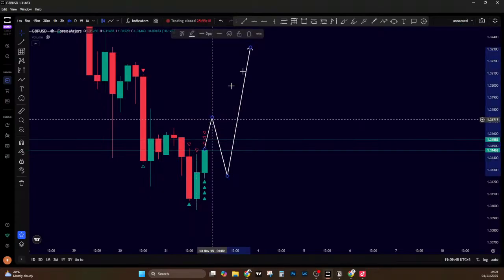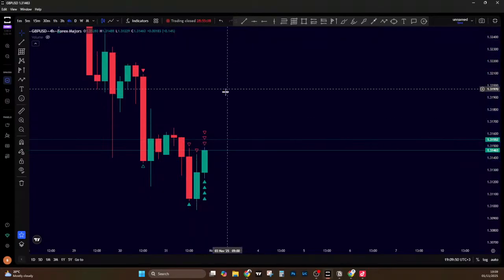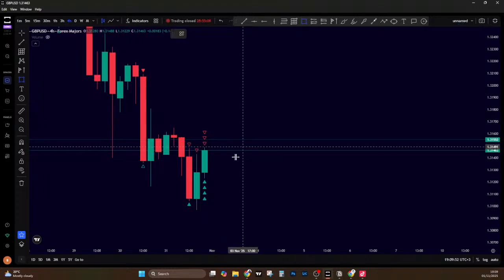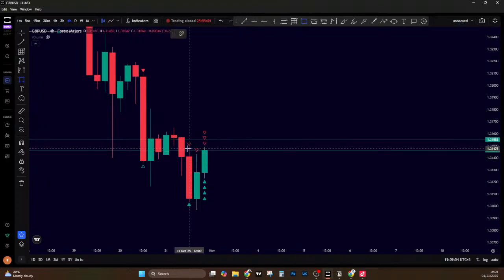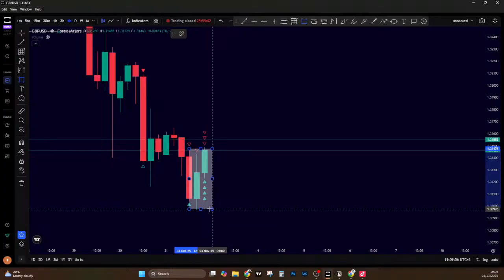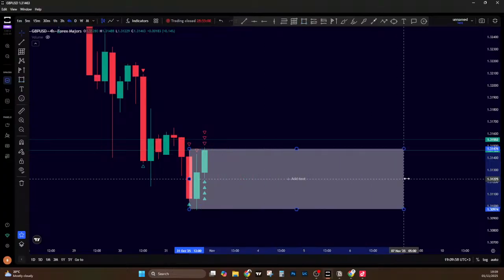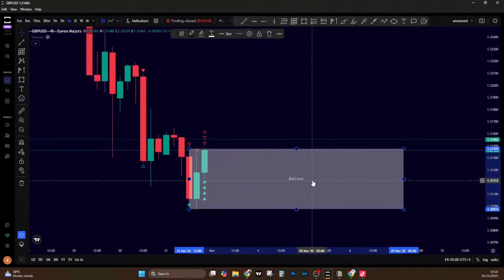So what I'll do, so that I'm not left by this move tomorrow, is to mark all this area as my buy POI.